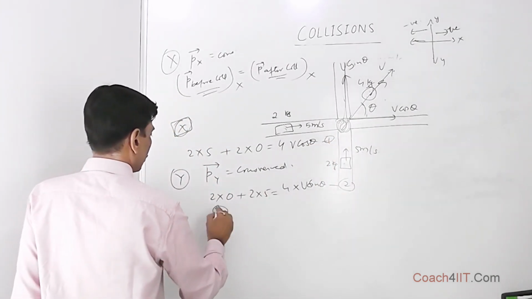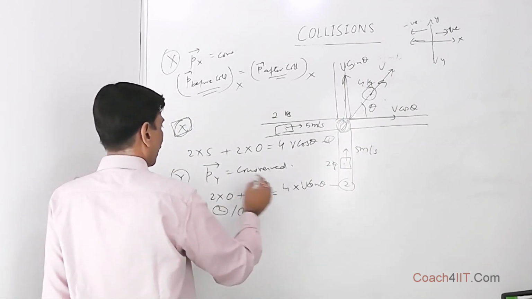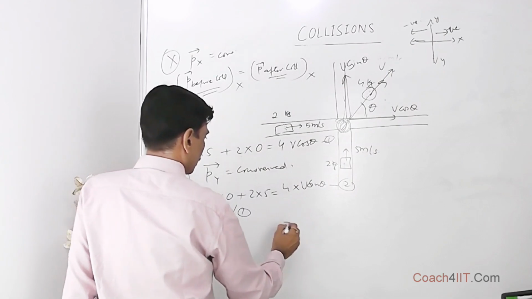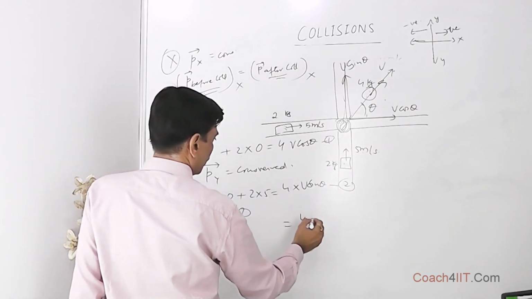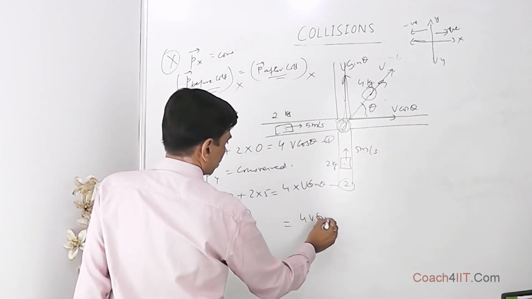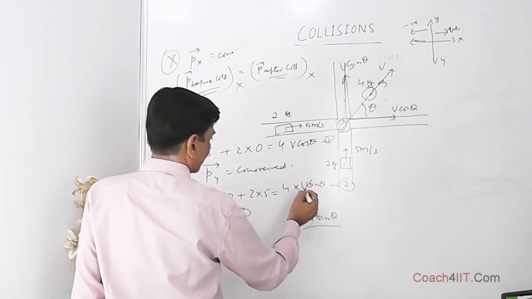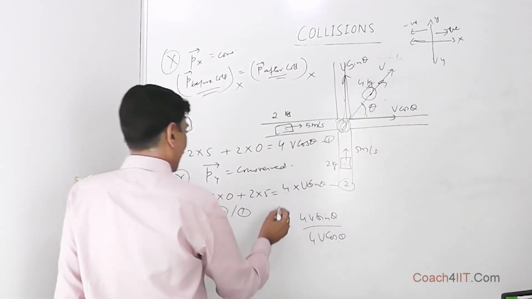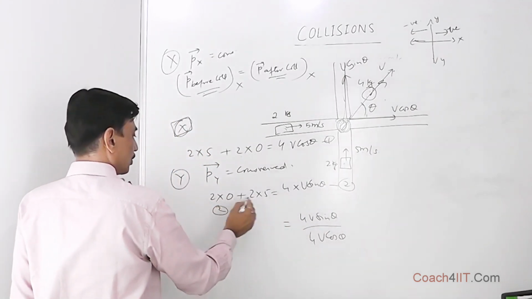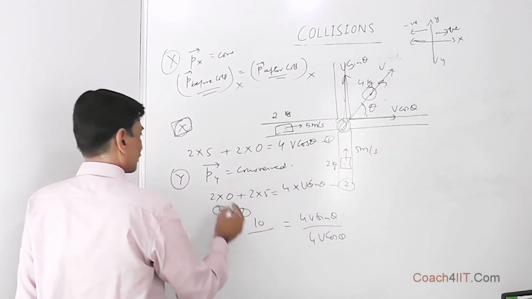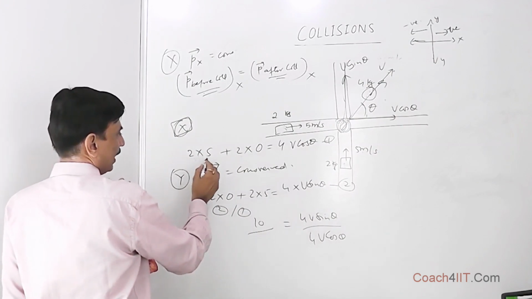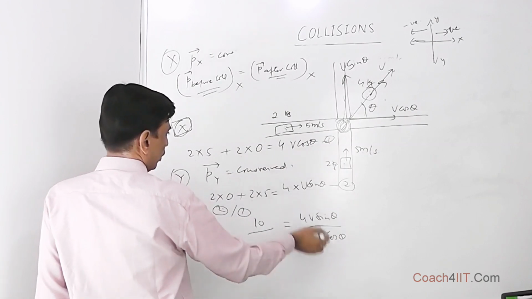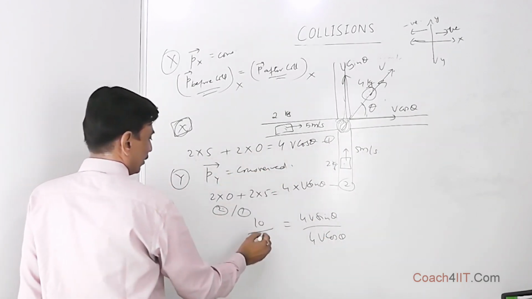If we divide equation 2 by equation 1, the numerator is 4v sin theta and the denominator is 4v cos theta. On the other side, 2 into 0 is 0, 2 into 5 is 10, and in equation 1 also 2 into 5 is 10.